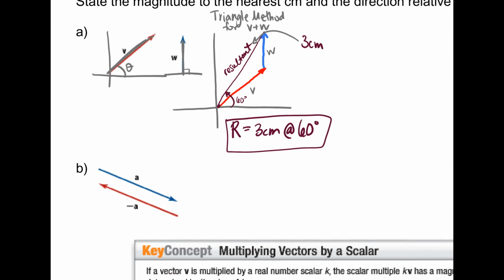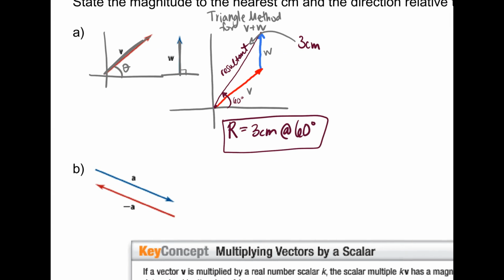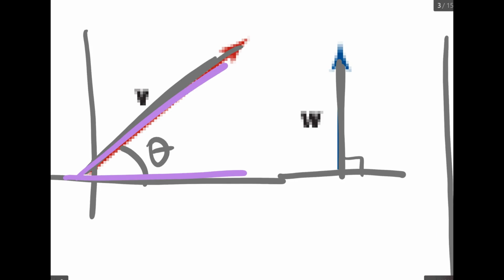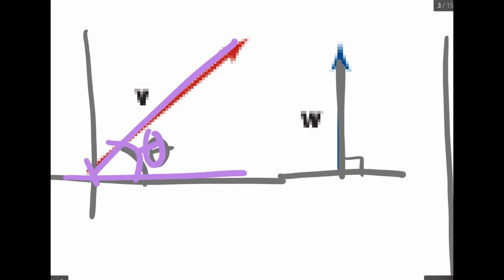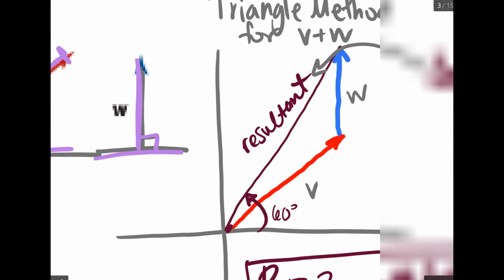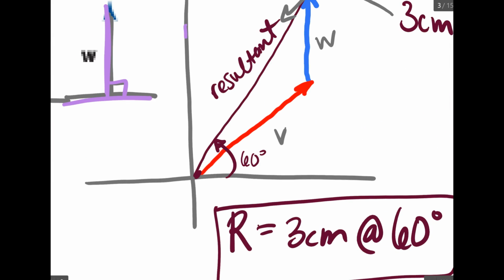Okay, if I take this next one, what did I not already describe how to do? All right, so you go to the vector. You go with a protractor and you find out what this angle is. Then with the bottom of the protractor, as a ruler, you measure the length of this vector. You note it down. Then you come over here, you find the length of W. You see it's at a 90-degree angle. So I'd draw my axes.